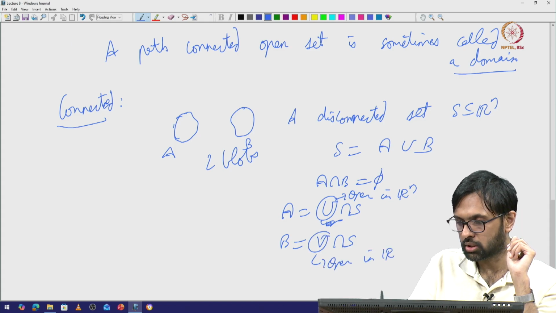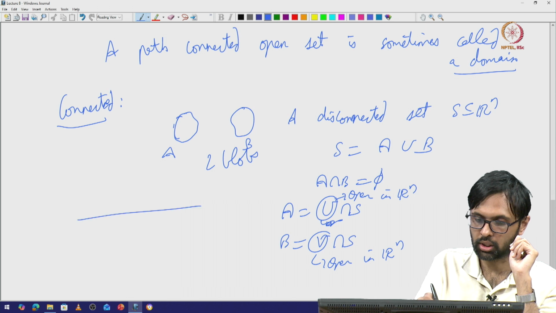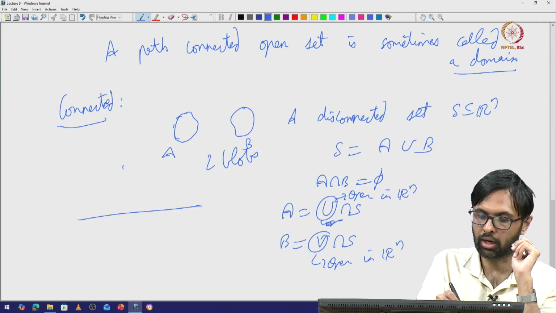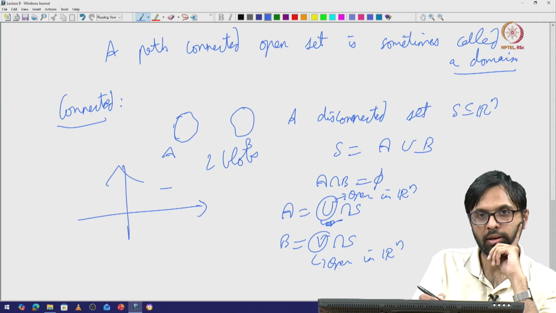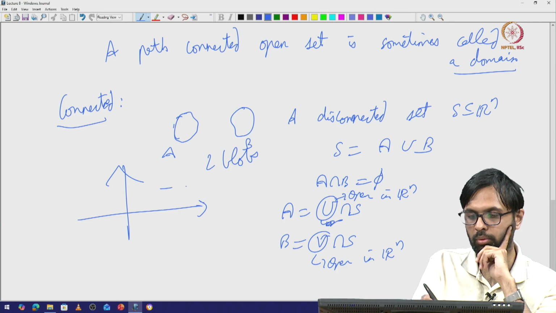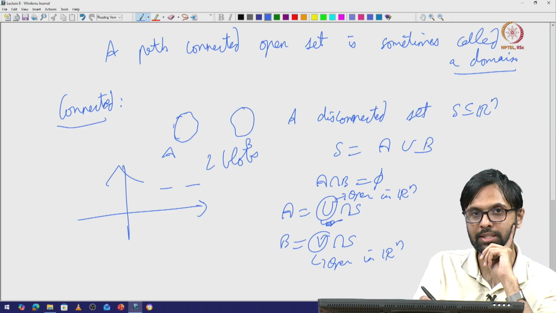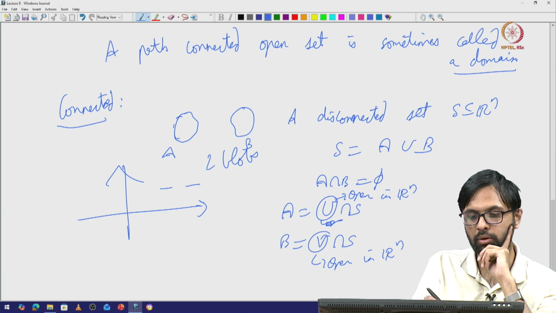In other words, suppose I take, let's say in R^2, this line, or if I take two lines for instance, and the set is the union of the two lines, this is disconnected. Why? It's a union of A and B which don't intersect each other, right?